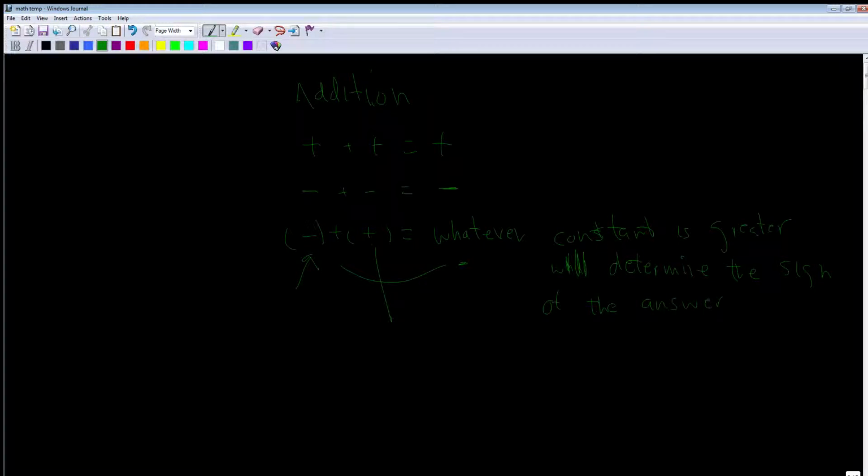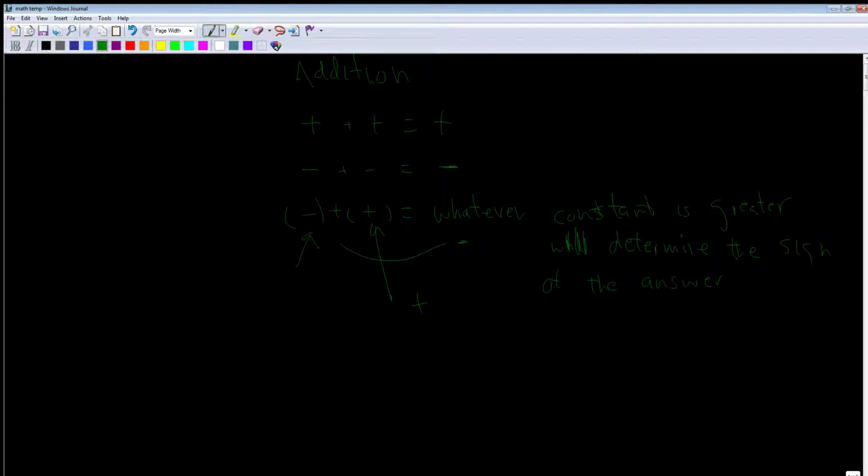If this number is greater, the answer will be positive. Now, one of the tricky little things that we dealt with is if you have 7 plus negative 2. Remember we said that we are going to cancel that out and we will end up with 5, because 7 is greater than 2, therefore the answer will be positive.